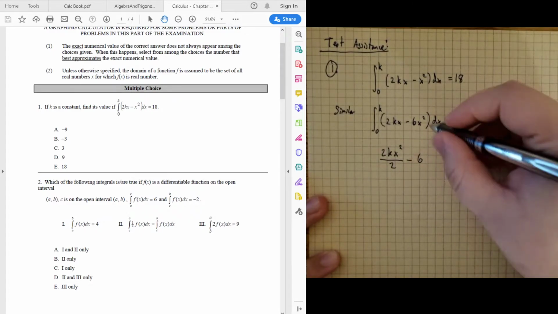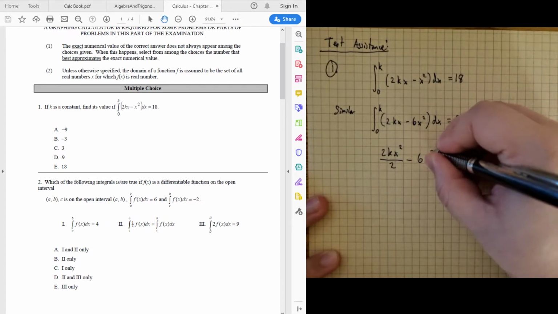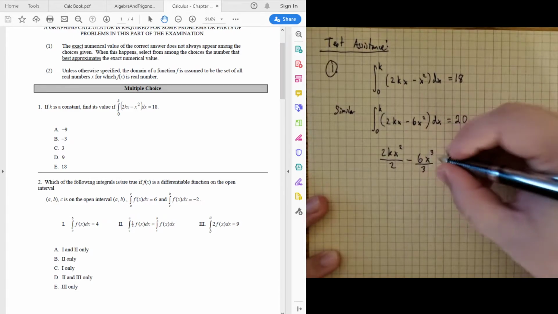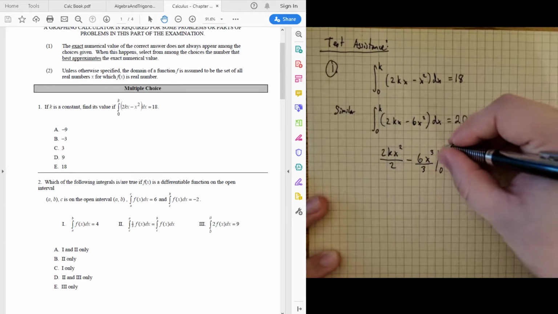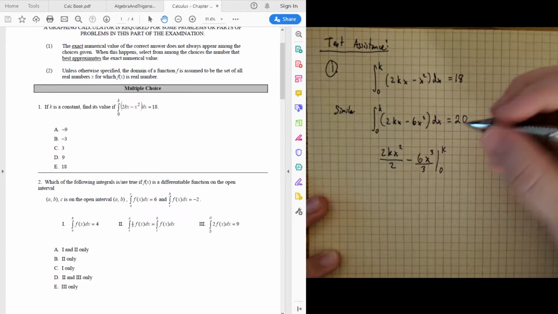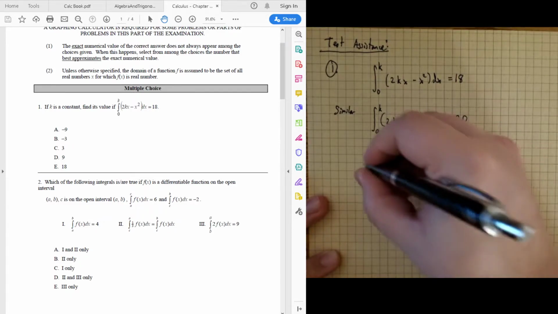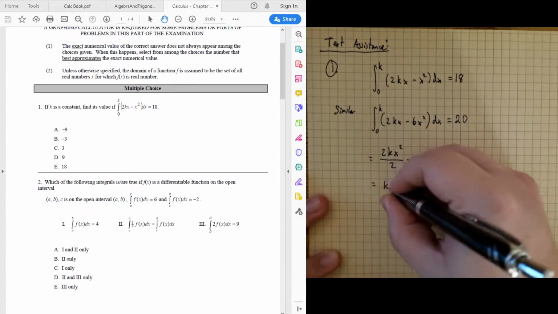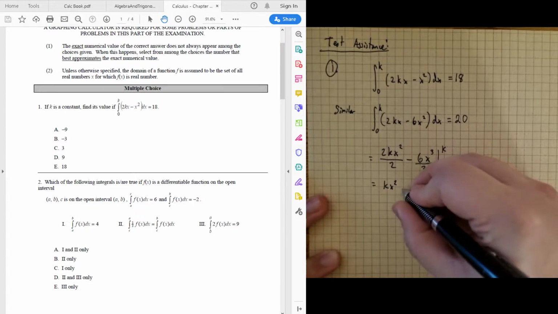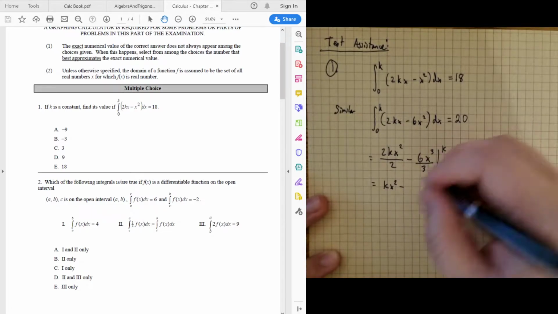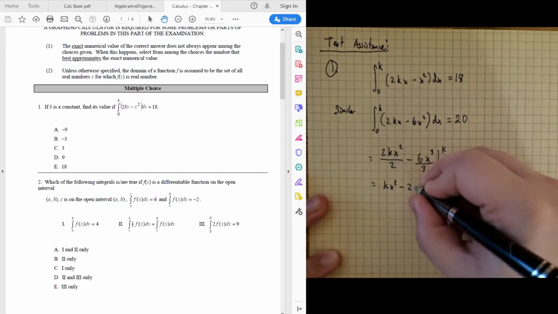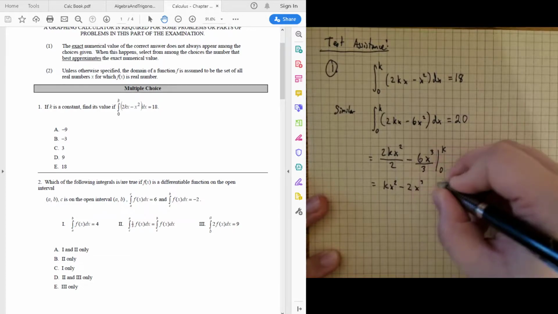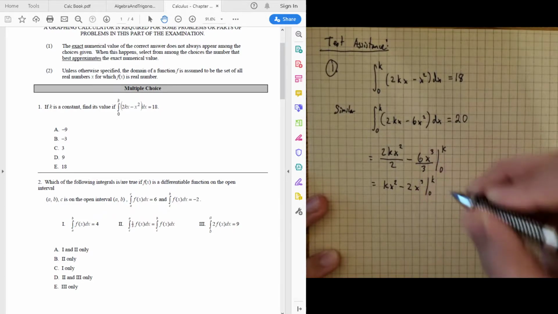Minus 6, x squared becomes x cubed, and I have to divide by the new power, evaluated from 0 to k. So let's simplify this. The 2 and the 2 are going to cancel, leaving kx squared. The 6 and the 3 are going to cancel, leaving me with just 2x cubed, evaluated from 0 to k.